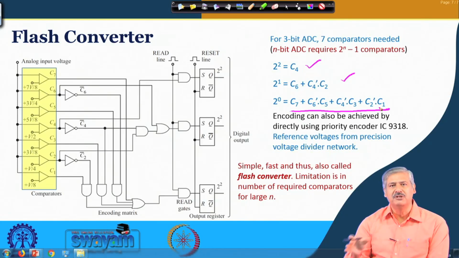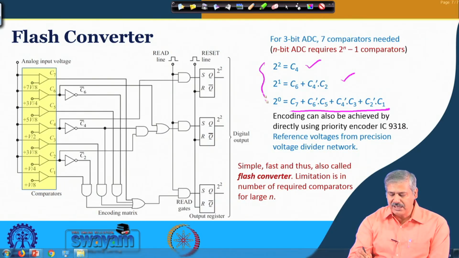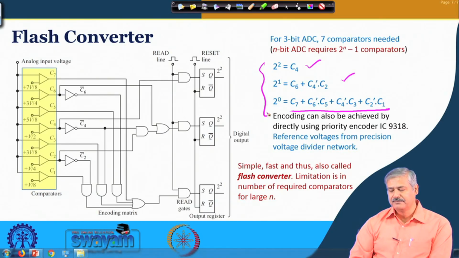So, this we can do just by drawing the table and then mapping it to the 3-bit relationship, the way we had done for 2-bit representation for 4 levels. So, 8 levels, 7 comparator outputs and 3-bit mapping, and this way we can get the encoding done.